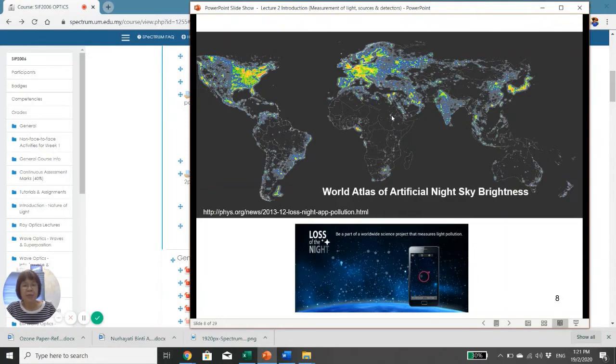And here is the map that shows where at night, which parts of this world have extremely large amounts of artificial light. Because of this artificial light background, we have lost our ability to view the beautiful natural sky.